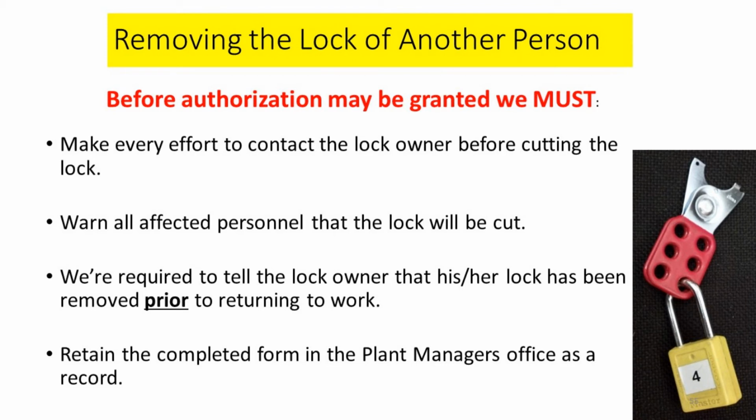Then we have to warn all affected personnel that that lock will be cut off and the machine put back in service. Then we're required to tell the lock owner that his or her lock has been removed prior to their returning to work. Last, we have to retain the completed form in the plant manager's office as a record.